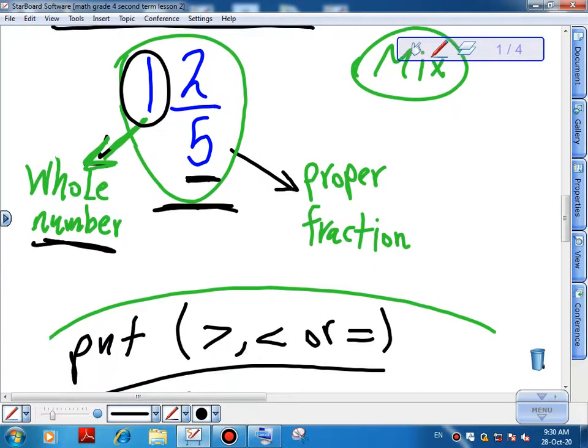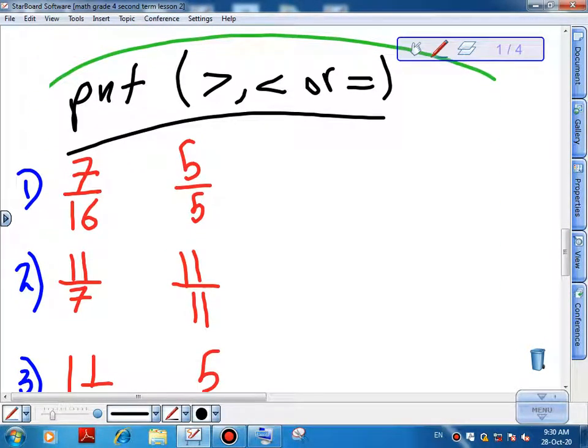Okay? If we need to compare between these fractions, smaller than, greater than, or equal, 7 over 16 and 5 over 5. 7 over 16 does not have the same denominator as 5. As we said in the previous lesson, to compare any fractions, they must have the same denominator, or we use the cross method.